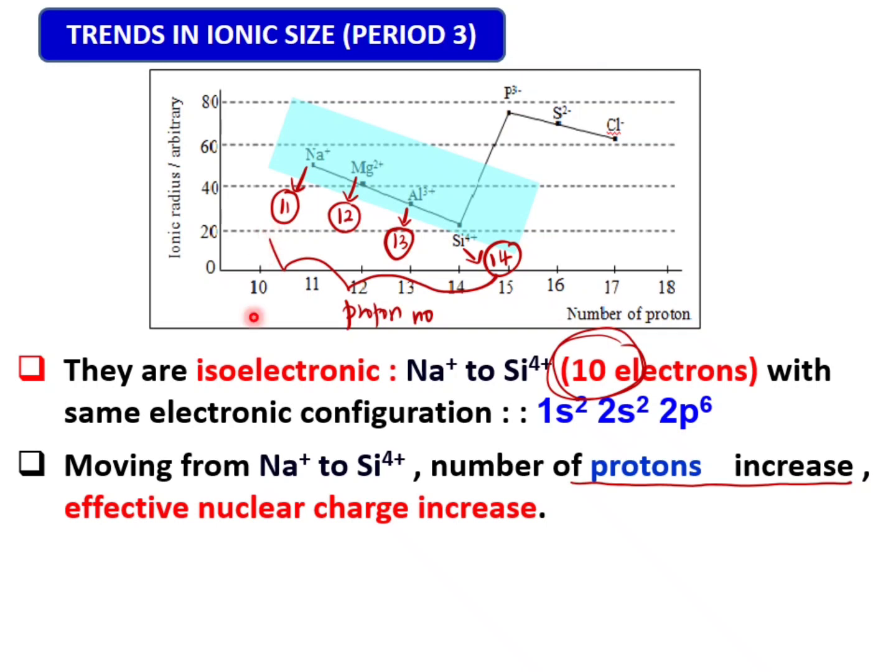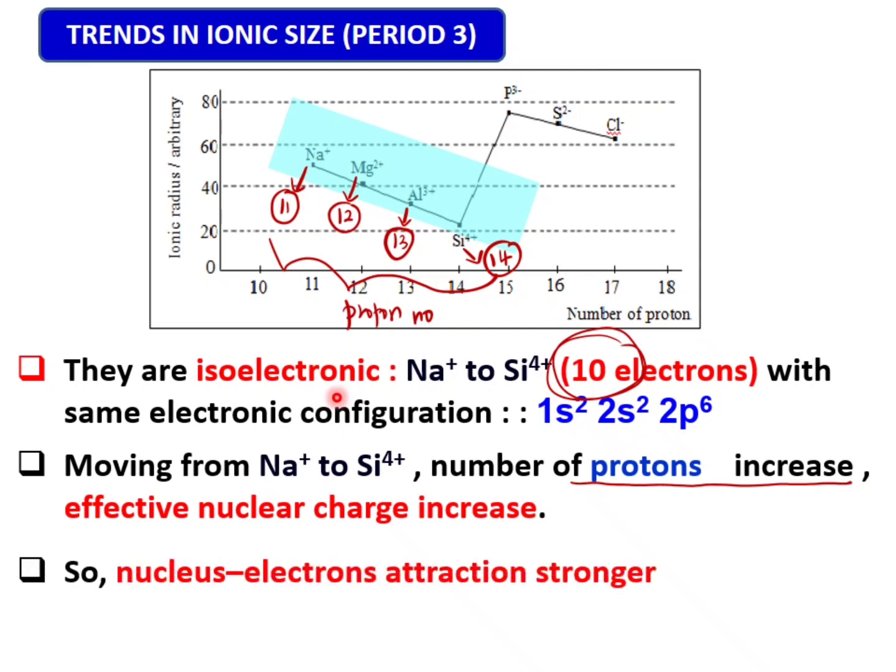Sodium has 11 to pull 10 electrons, magnesium 12, aluminium 13, silicon 14. 14 pulling 10, is it strong? Very strong, class. So the higher the proton number, the stronger the nucleus. So that's why the nucleus-electron attraction becomes stronger and the size of the ion will decrease from sodium to silicon.